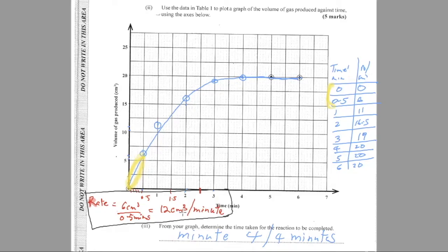We draw a straight line using our ruler to find the volume produced. Wherever that cuts the graph, we use our ruler again to draw a straight line going across, and wherever that line cuts the y-axis, we read off our value.